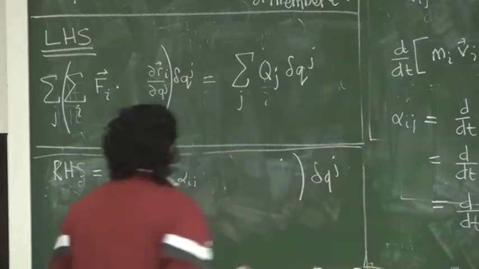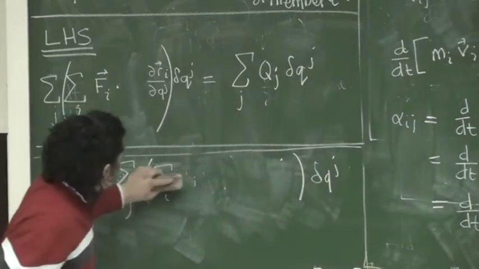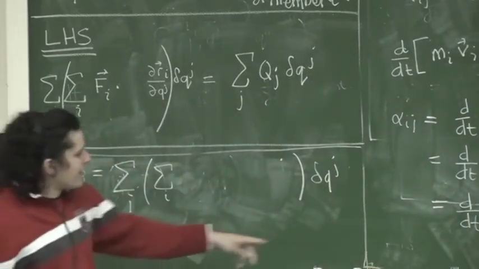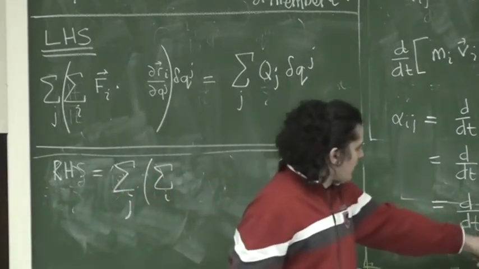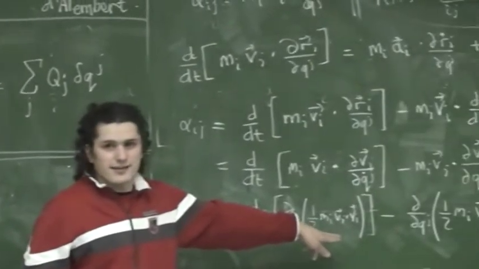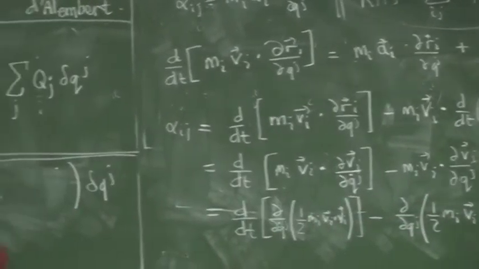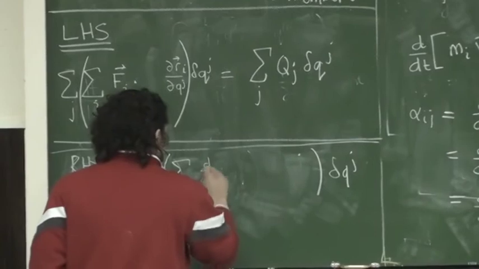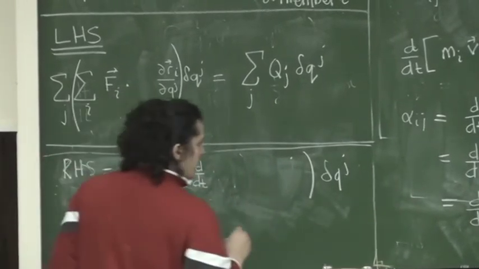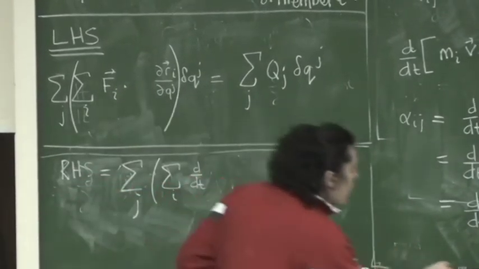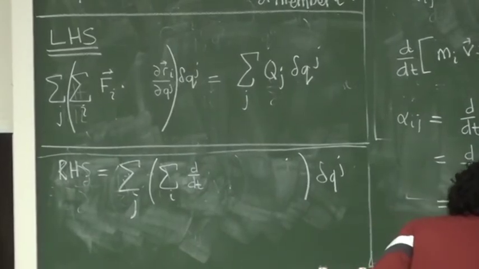So let's replace alpha ij with its value. Alpha ij's value is d by dt of del by del qj dot of this thing, minus del by del qj of this thing. I'm going to call this thing Ti.